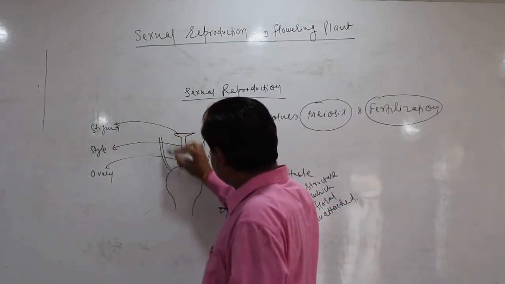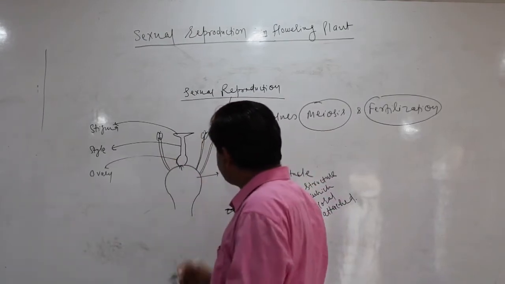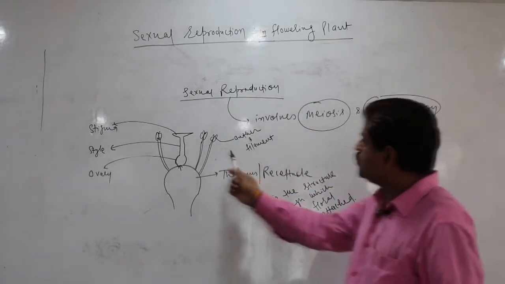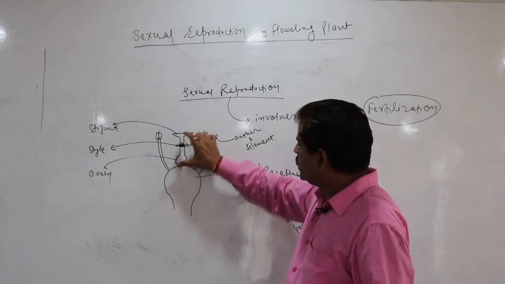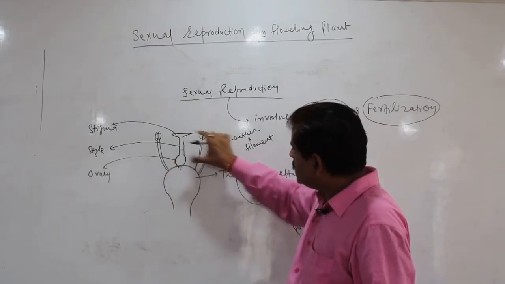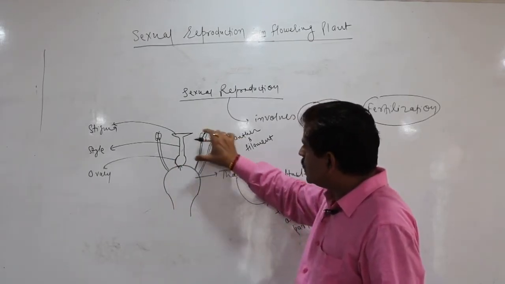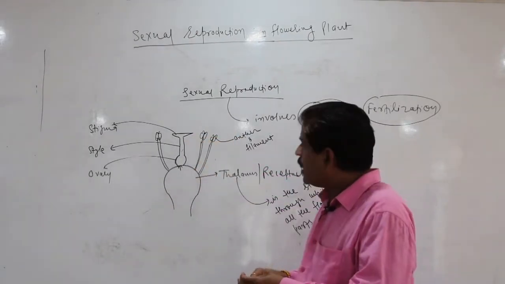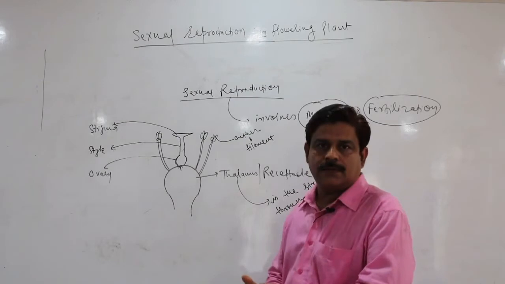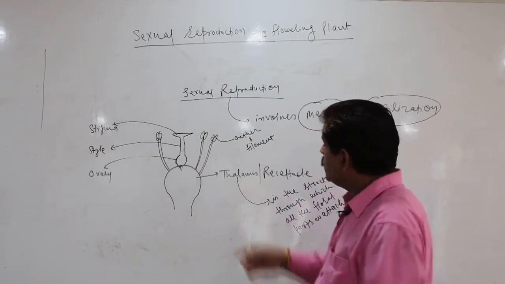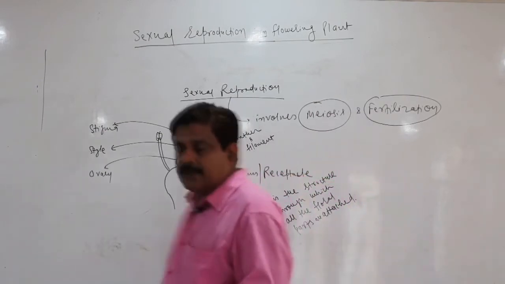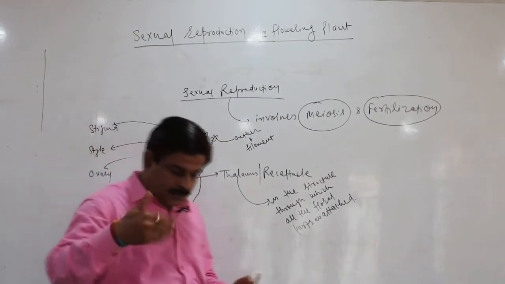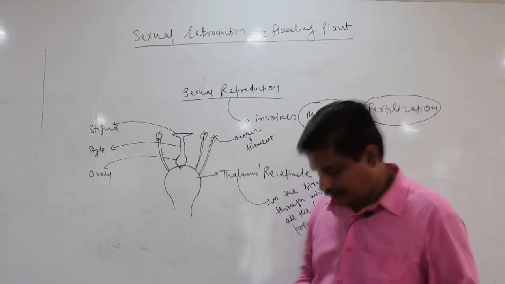This is the filament, and this one is the anther. These two parts, that is pistil and stamen, are the essential parts of the flower, also called essential whorl. This is the essential part because these two parts are involved in sexual reproduction.